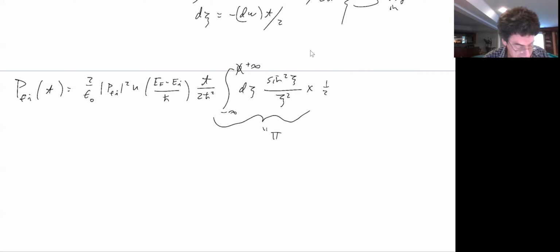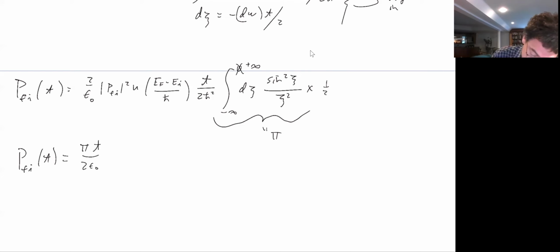And so the probability as a function of time becomes pi times t over 2 epsilon naught h bar squared, times the dipole matrix element squared, times the spectral density at that transition frequency.